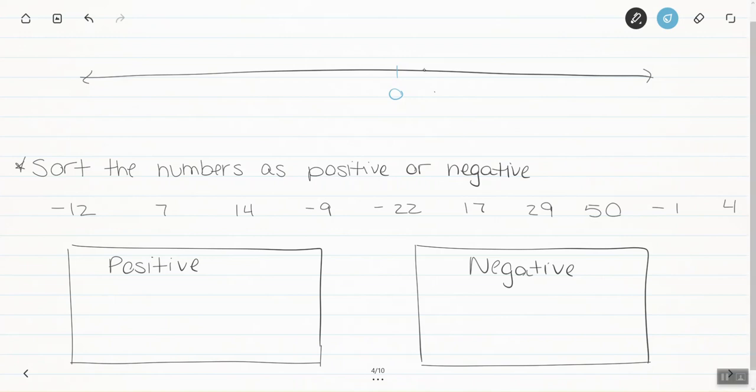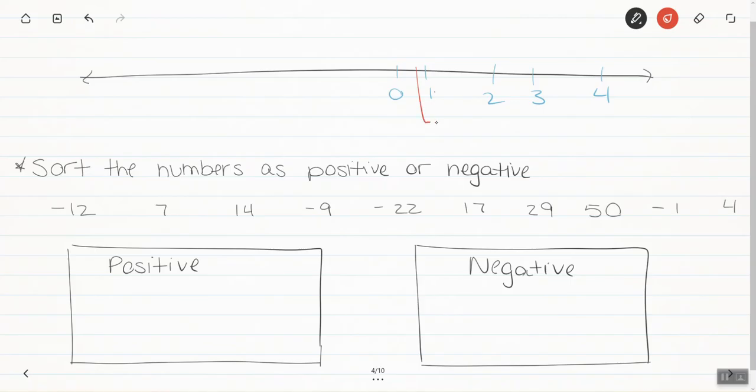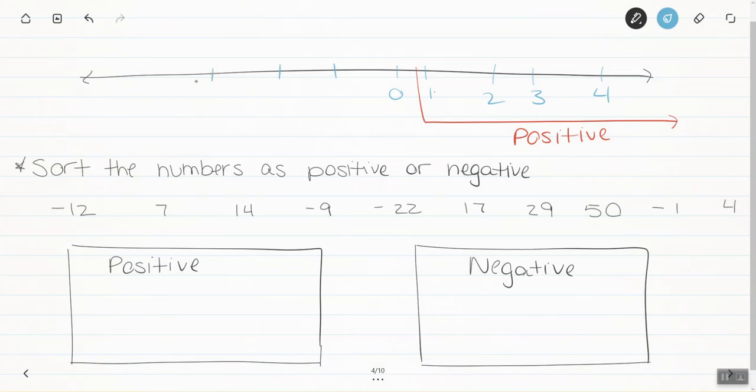And the upper numbers of a number line are going to be your positive numbers. So 1, 2, 3, and 4, those are your positive numbers. Everything that direction is positive. And then we can do our numbers down here.